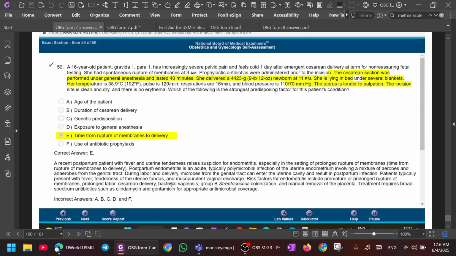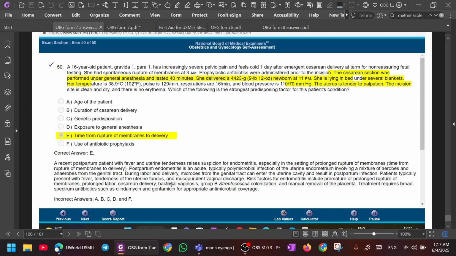Okay, I'm reading the explanation. A recent postpartum patient with fever and uterine tenderness raises suspicion of endometritis, especially in the setting of prolonged rupture of the membranes, the time from rupture of the membranes to delivery. Postpartum endometritis is an acute, typically polymicrobial infection of the uterine endometrium involving a mixture of aerobes and anaerobes from the genital tract during labor and delivery.